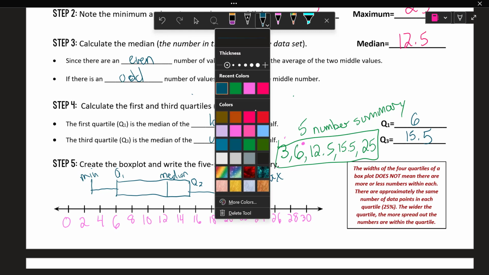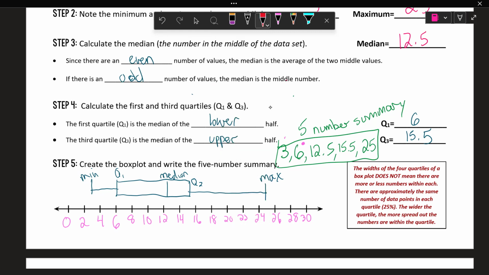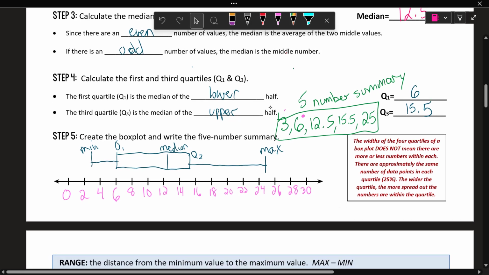And what I was saying about quartiles, we know that quarters are 25 cents out of $1. Well, quartiles are 25% out of all the data.